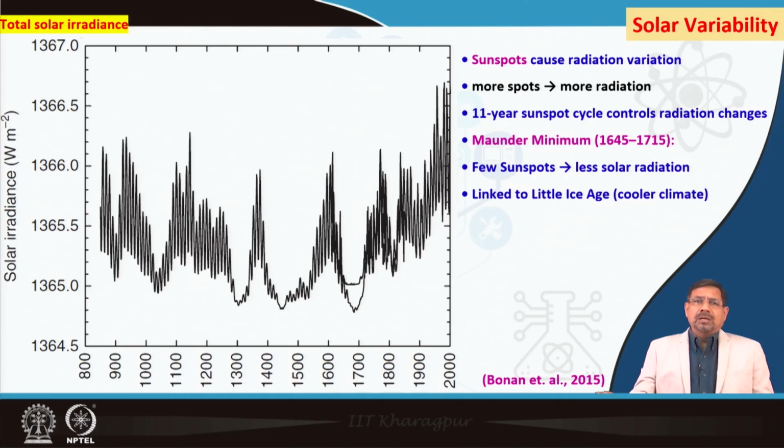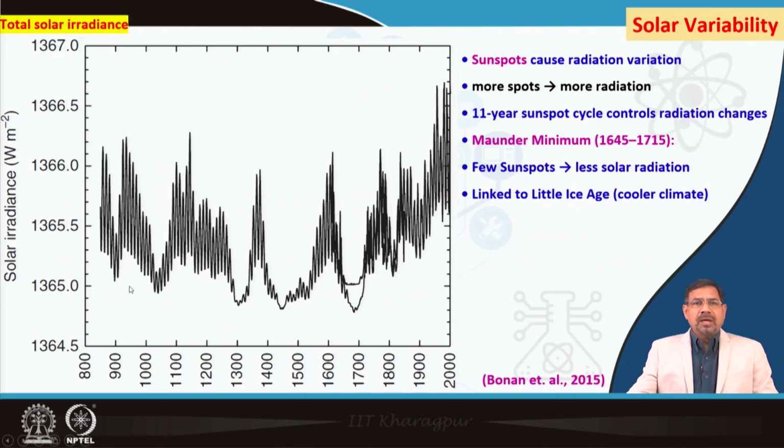Look at the figure mentioned here, that is plotted from 800 to 2000 years. So, we are now in 2025, and 800 to 2000, let us see it here. This pattern is in terms of solar irradiance.